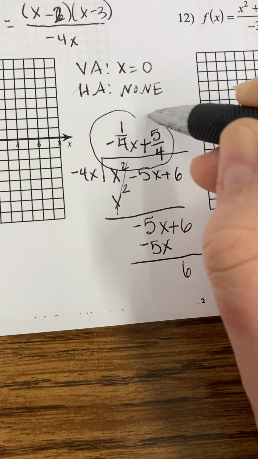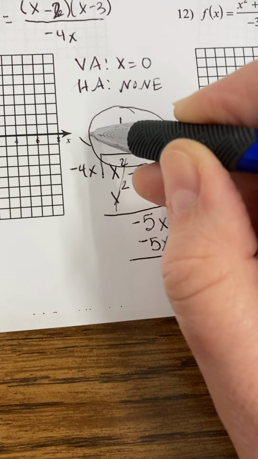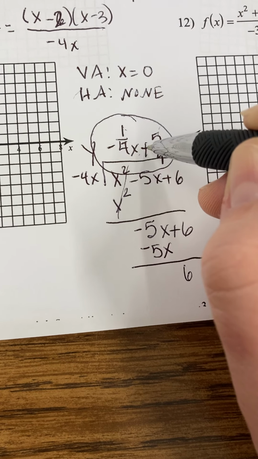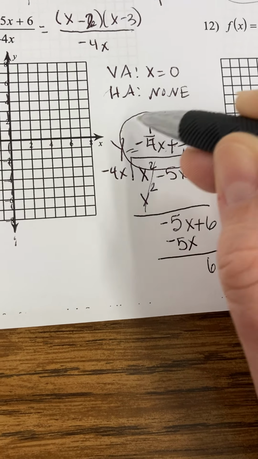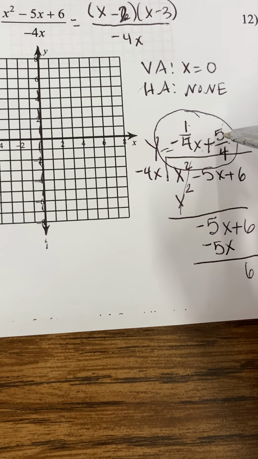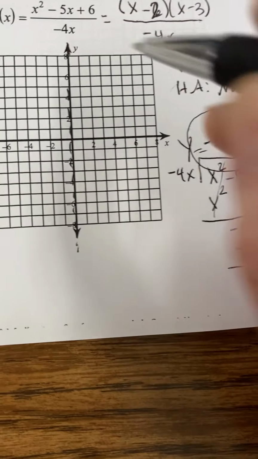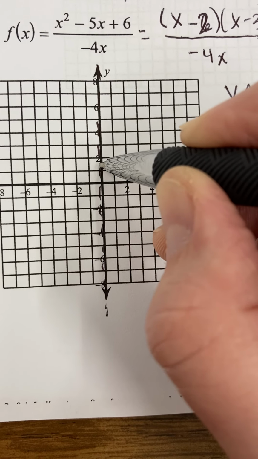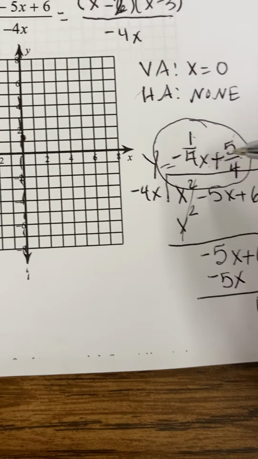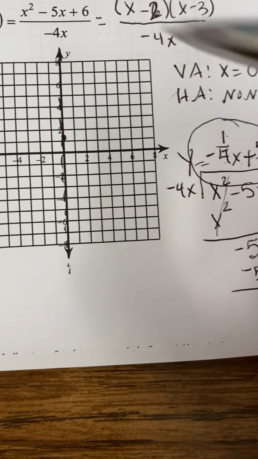Right here is in the form of y equals mx plus b. That's my slant asymptote. So what that says is I'm going to start at 1 1/4 on my y-axis, about right here. Then from there, I'm going to go down 1, right 4.